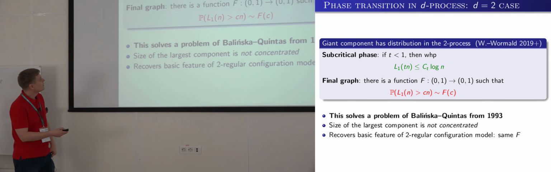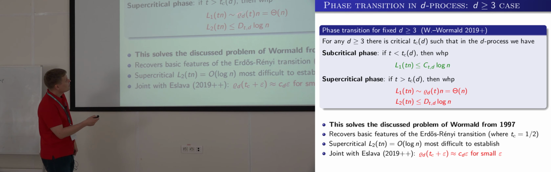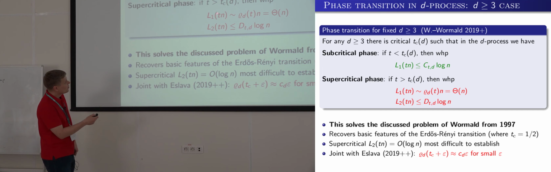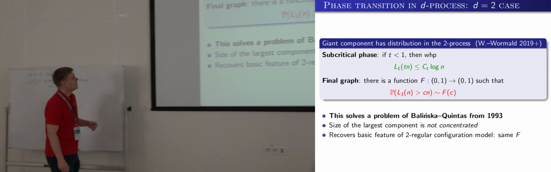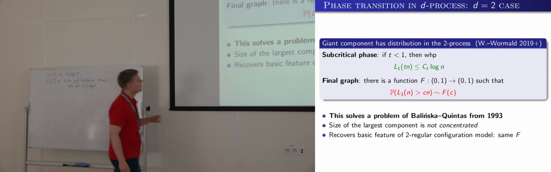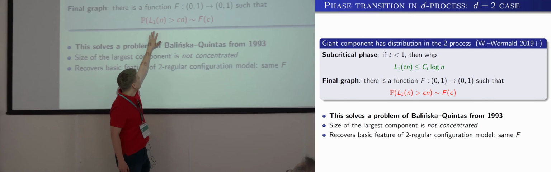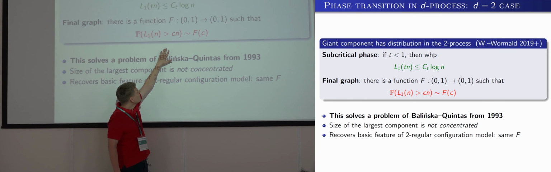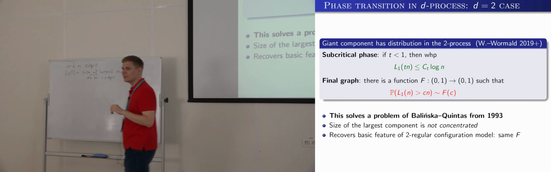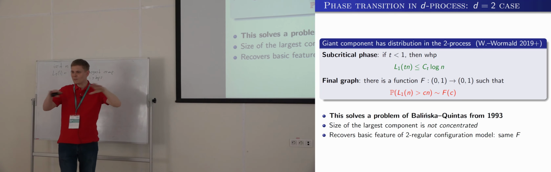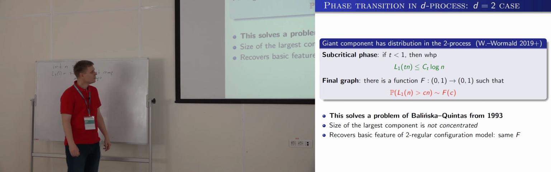Looking back on the previous slide, we said that with high probability for d at least 3, the large component is concentrated around some deterministic function. And here we see something different. The probability that the large component size is bigger than constant times n is asymptotic to some function f of c, which lies strictly between 0 and 1. So you get some kind of a probability distribution.